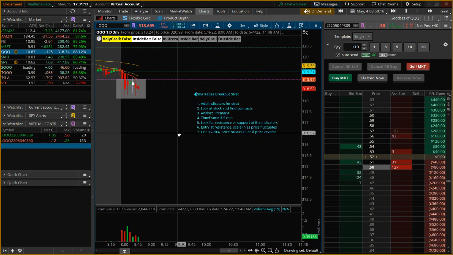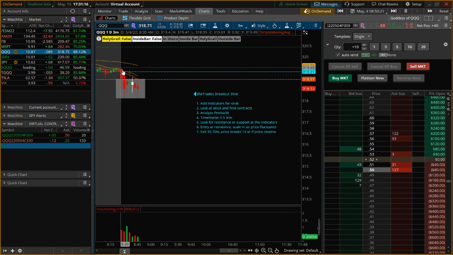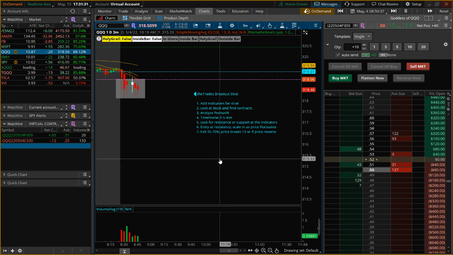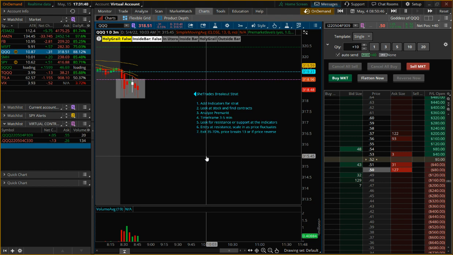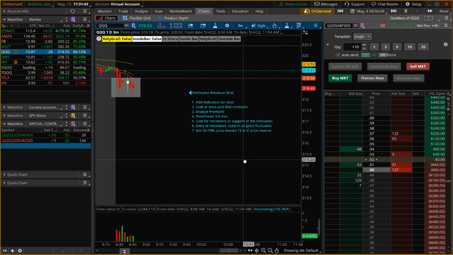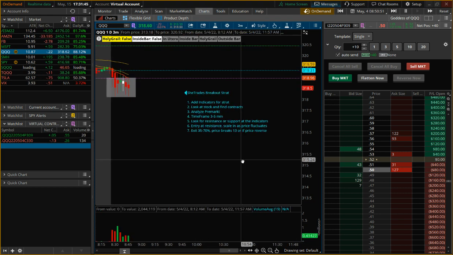And if you're scaling into a position, you can actually scale in at every rejection point. So if you wanted 20 contracts, you could have bought one here, one there, just at each rejection area. And let's see if we can get another red candle.